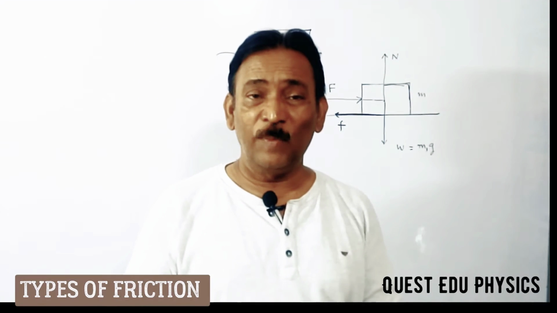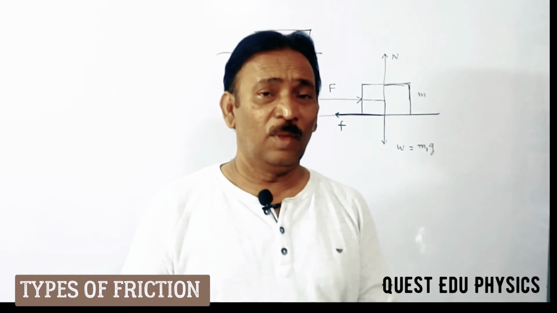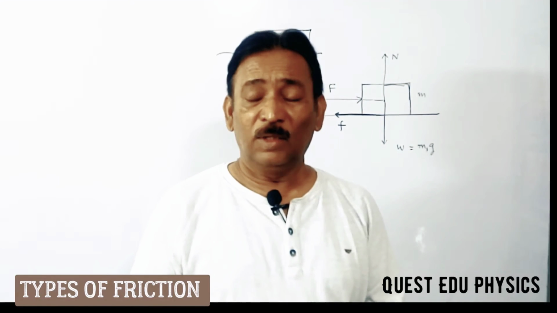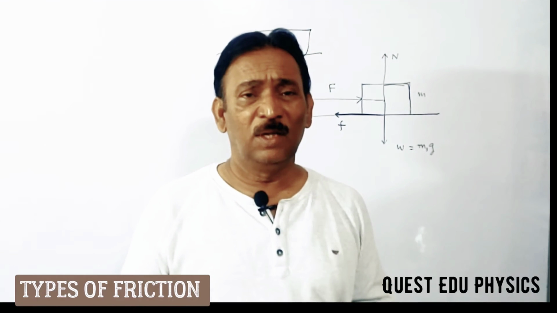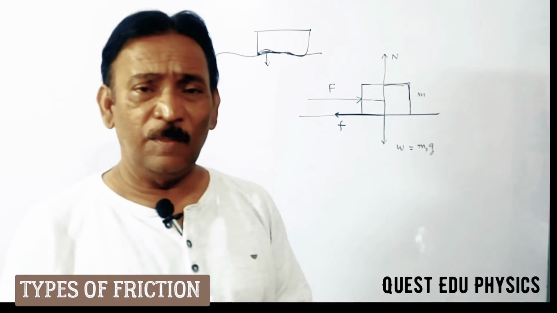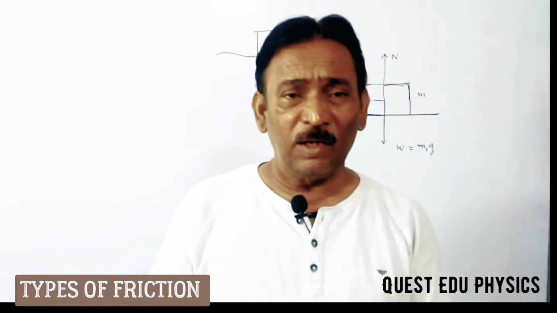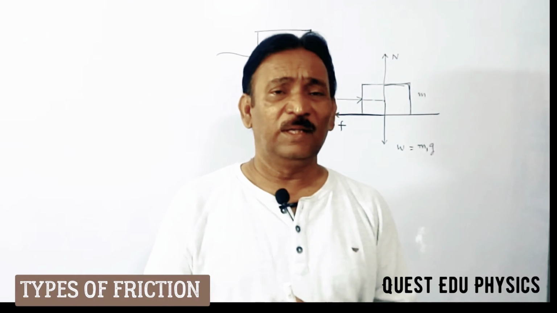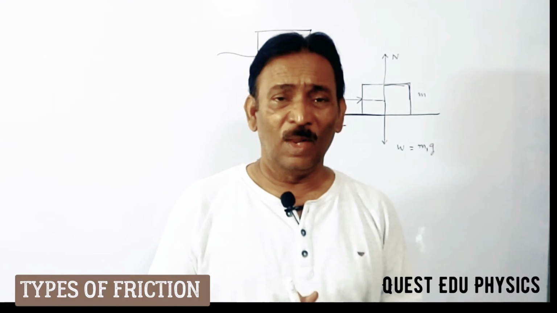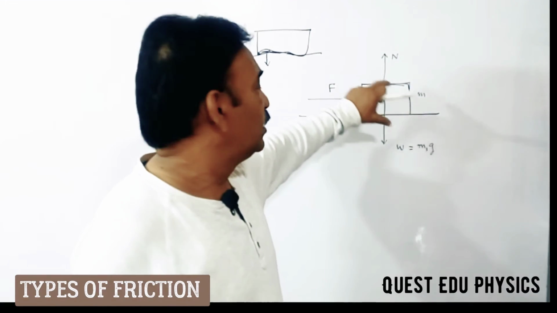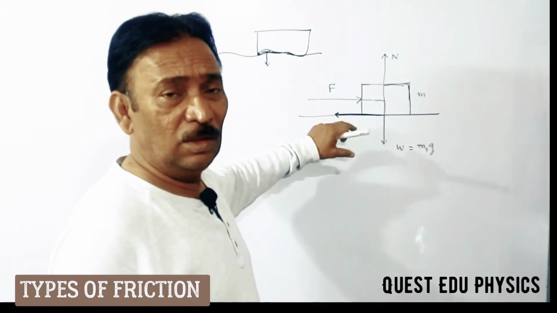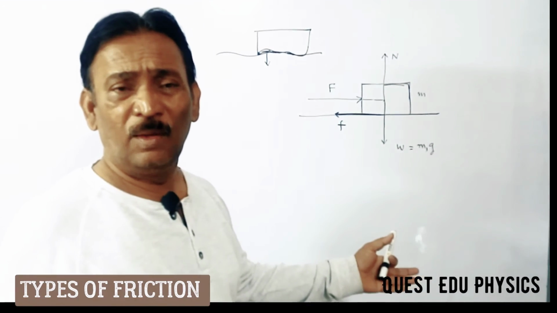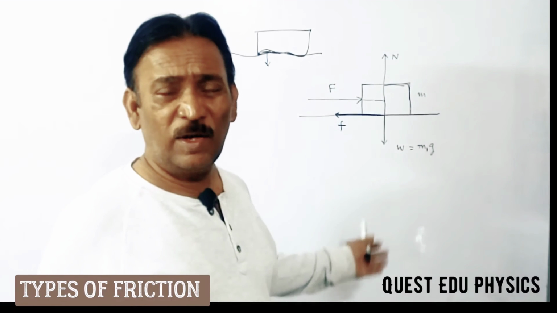If you go to a microscopic view, you can see what happens when a body is kept over another body and the frictional force develops. You know that all substances are made of atoms and they have electrons in the outermost orbits. We call them free electrons. They can be removed very easily. When we push a body over the surface of another body, the electrons can drift from one place to another.